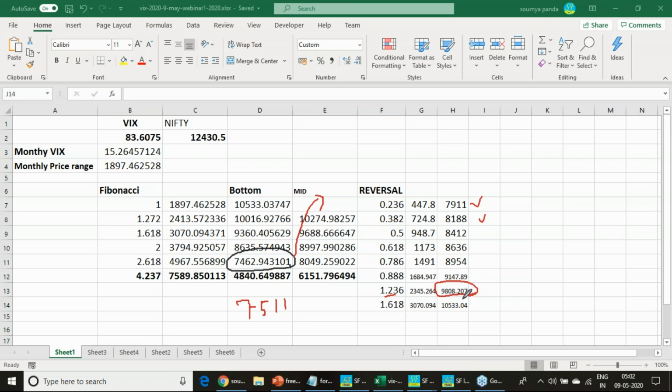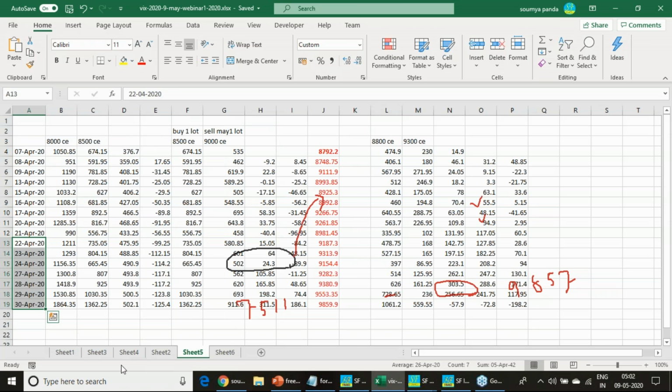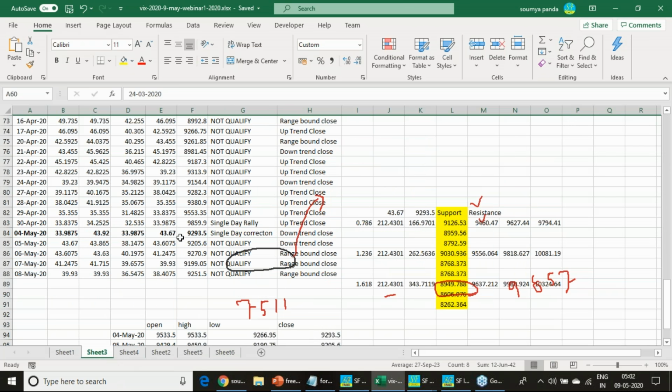One of our calculations was 9808.20, and as you can see here, Nifty has gone till 9856 or 57 on a closing basis. From there we are encountering a downtrend.